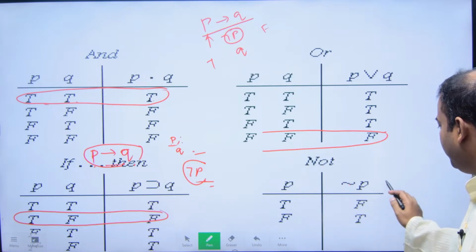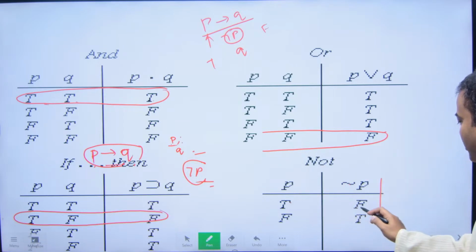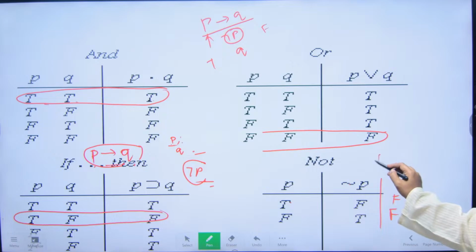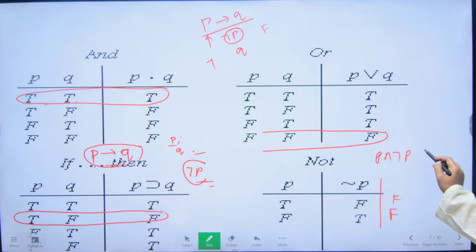P and not P is what? And of true and false is what? False. And of false and true is false. So P and not P is false. Clear? Any doubt?